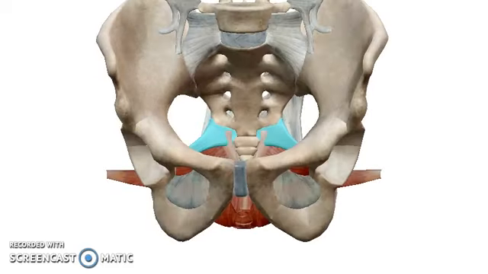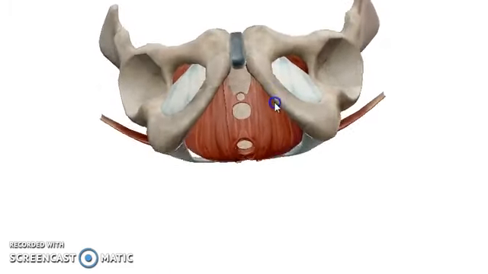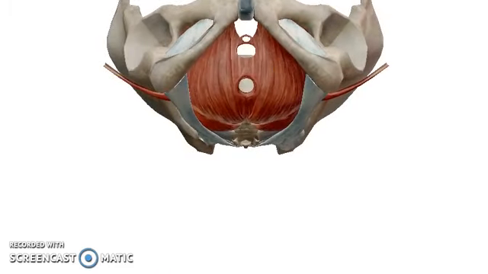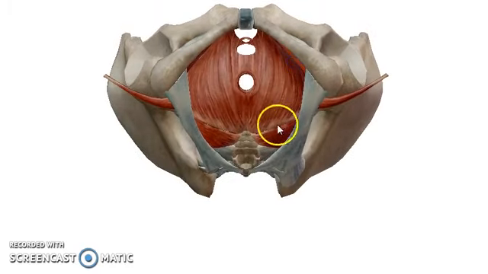And now we finished the origin and insertion of the muscles forming the pelvic floor, namely the levator ani and the coccygeus, and we can look for the last time from our pelvic outlet at the distribution of these muscles forming the pelvic floor.